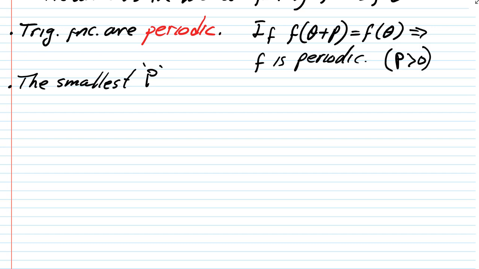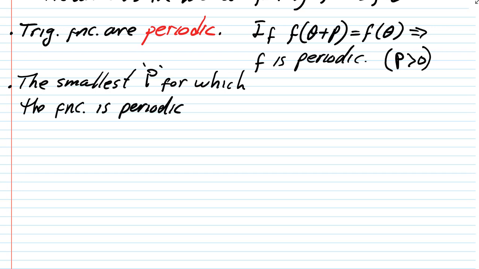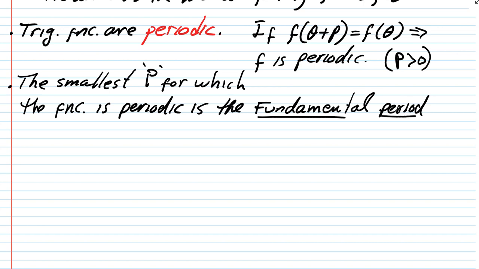The smallest p for which the function is periodic is called the fundamental period of the function f. Okay, and there you have it.